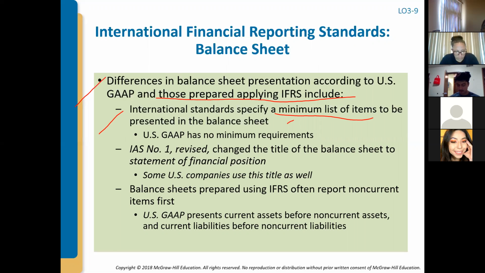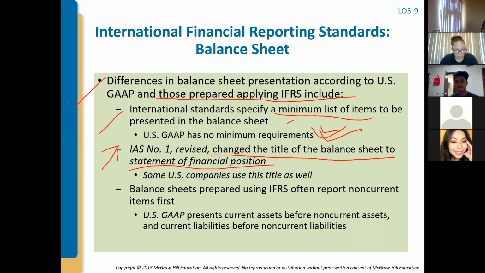US GAAP has no minimum requirements. See that? The difference. And IAS, International Accounting Standard number 1, revised, changed the title of the balance sheet to Statement of Financial Position. Okay, so according to IAS, we are writing Statement of Financial Position.